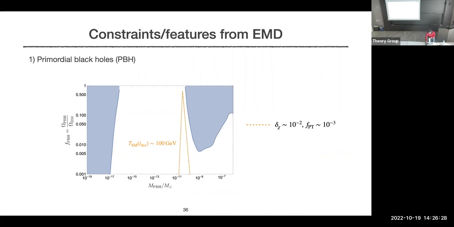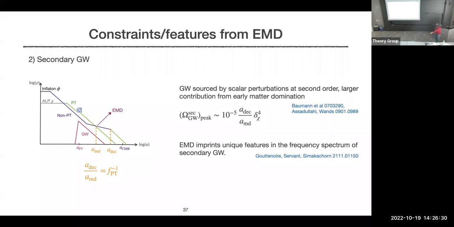The second important consideration is secondary gravitational waves, which are gravitational waves sourced by scalar perturbation but at second order. This is another source of gravitational wave backgrounds, not coming from phase transition, and typically very small. If you just have adiabatic inflationary perturbations, this contribution is ridiculously small.